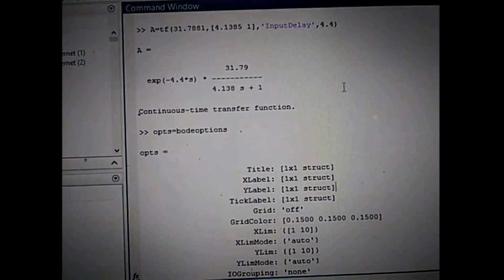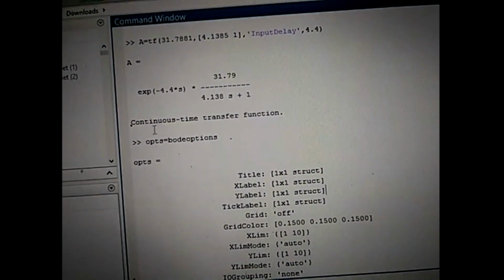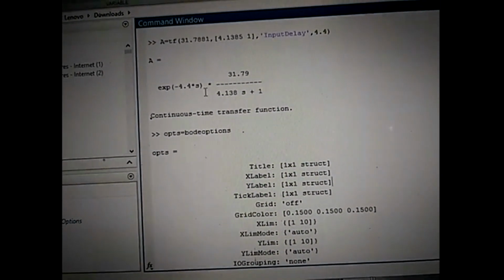So the command window will show like this, which is similar to our transfer function. Exponent negative 4.4 indicates our time delay.